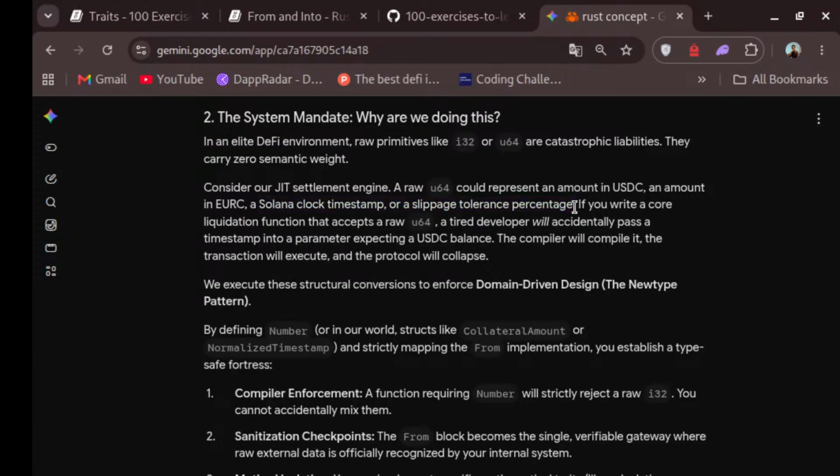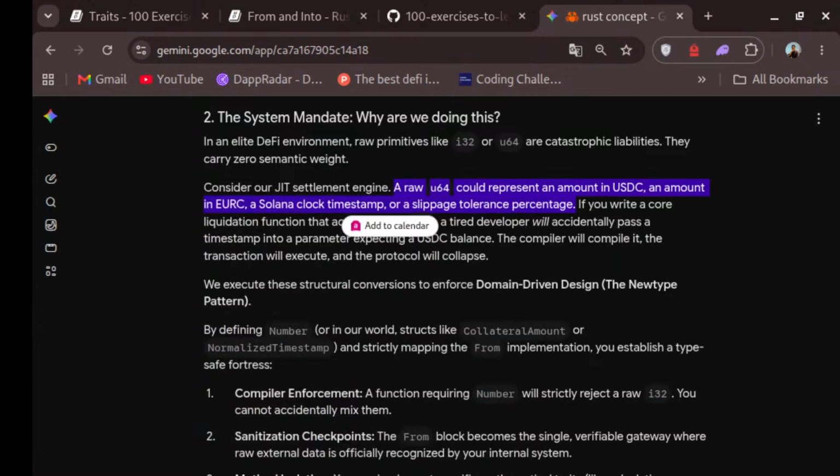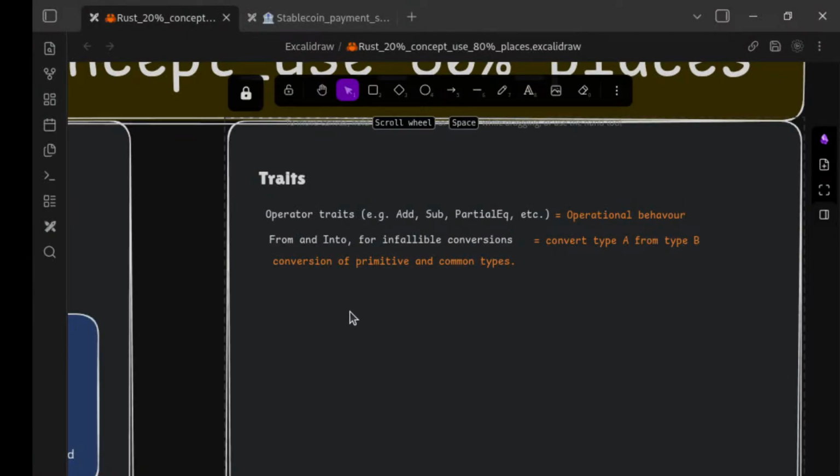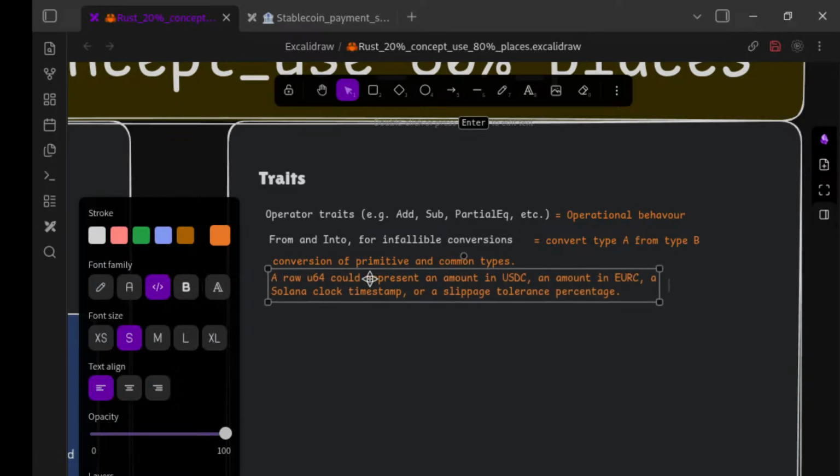That means a raw u64 could represent an amount of USDC, an amount in EuroC, a Solana clock timestamp, and a slippage tolerance percentage, right?